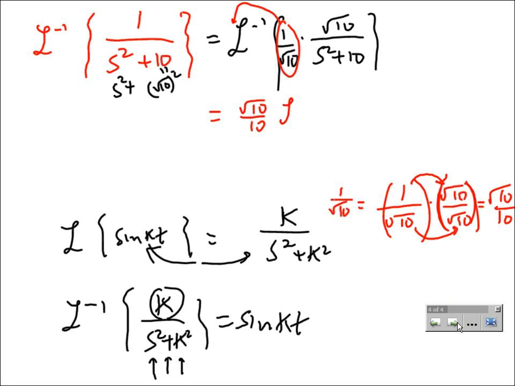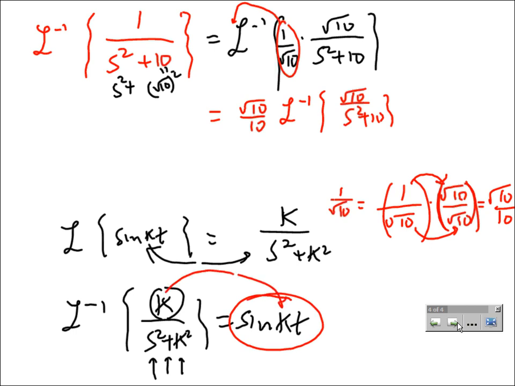Okay, times the inverse transform of this. So that's exactly that, where k is square root of 10. So what's in front, square root of 10 over 10, stays, times this. So that's just the sine of kt.